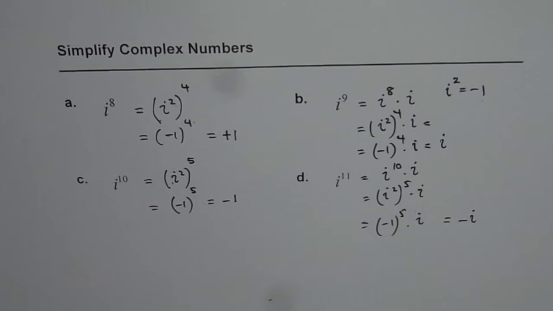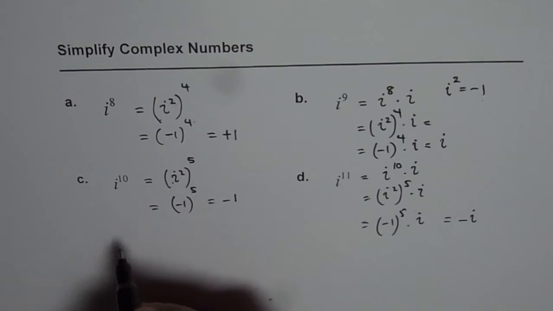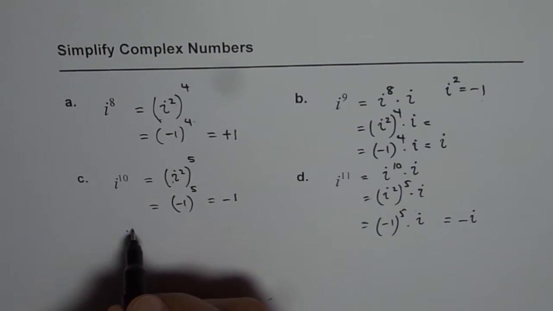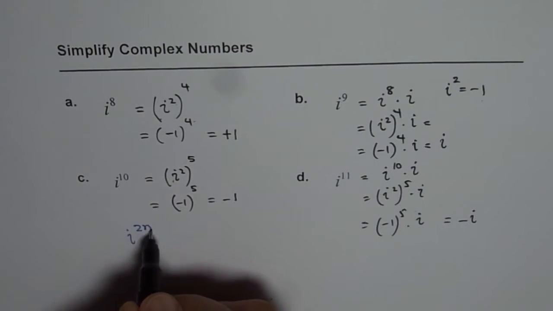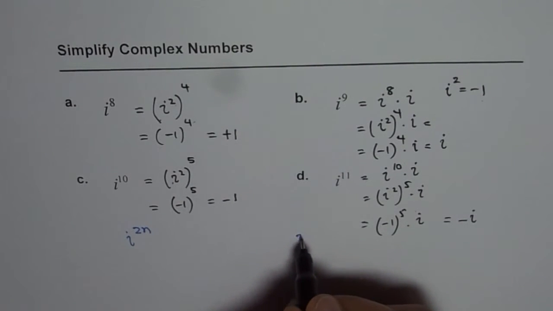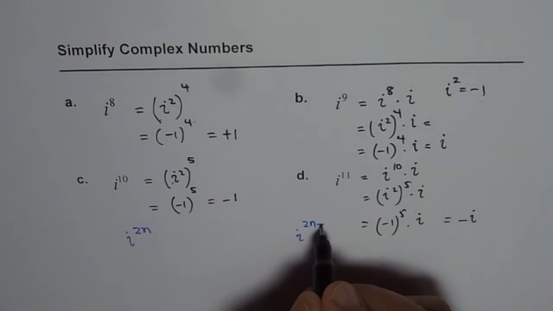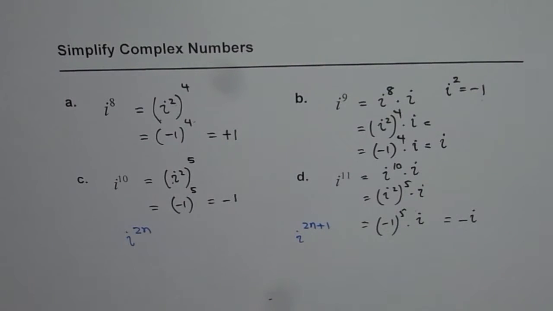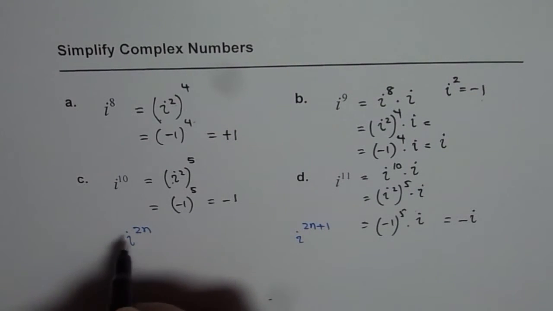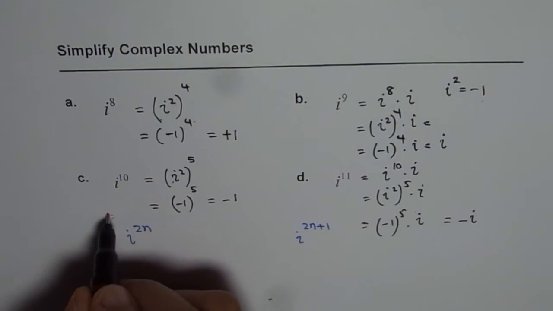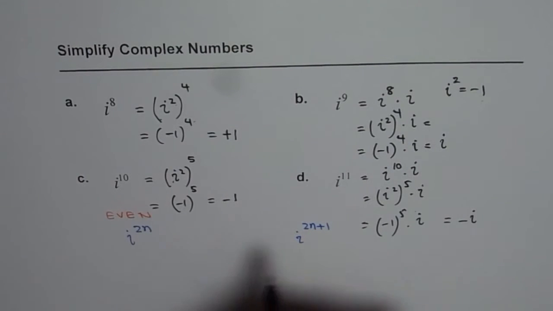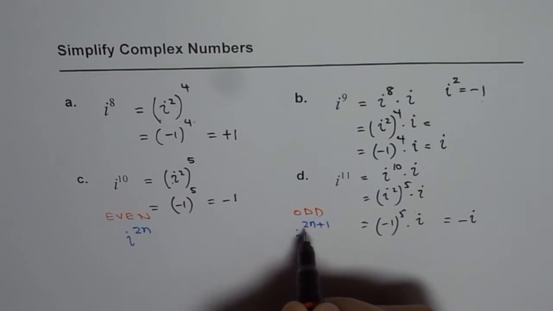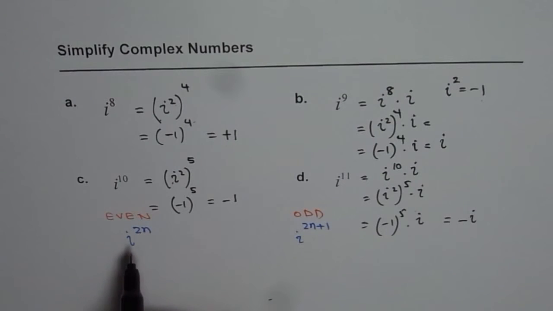Now from this, what do you conclude? If I have i to the power of 2n, or if I have i to the power of 2n plus 1. Of course, when I say 2n, we are talking about an even exponent, right? And that one will be odd, 2n plus 1. Now, what is the result here?